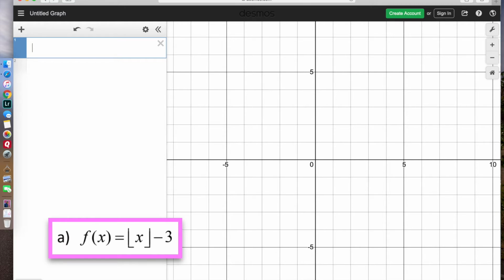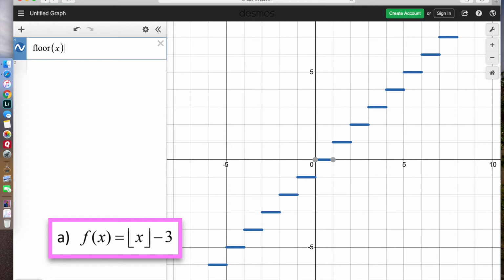But what I'm going to do here is graph 10A, which says the floor function of x and then -3 outside of the brackets. So I'm going to type floor and then x and then close the parentheses.